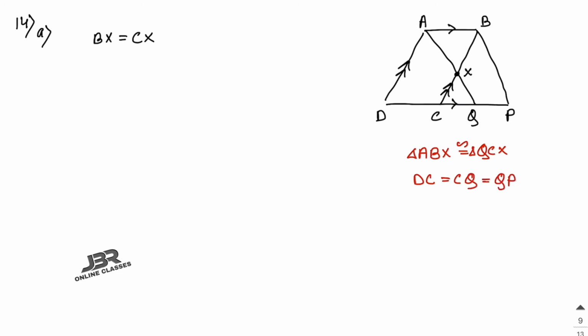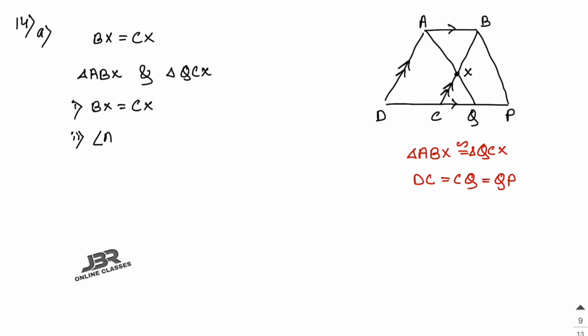Okay. So as here ABCD is a parallelogram, opposite sides are equal. So here you can write down triangle ABX and triangle QCX. The first point, BX is equal to CX, it's given.